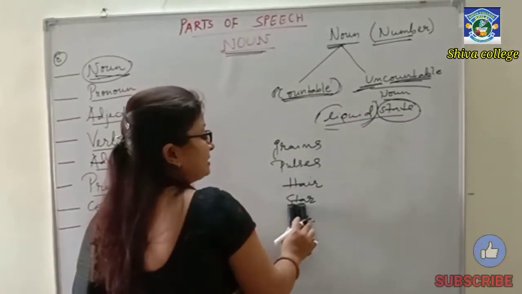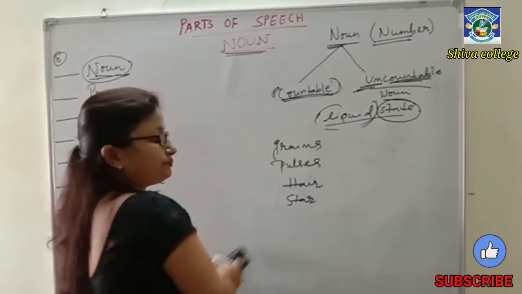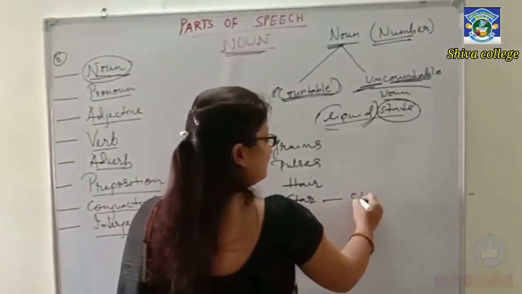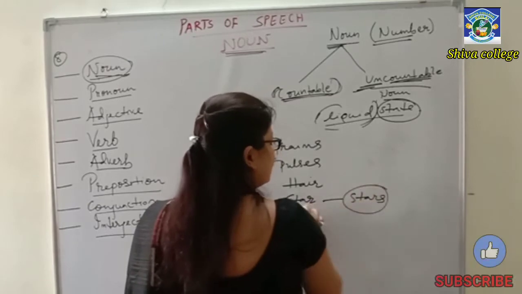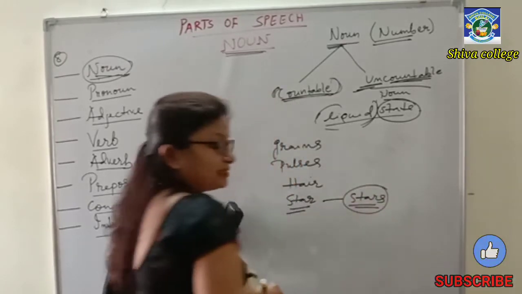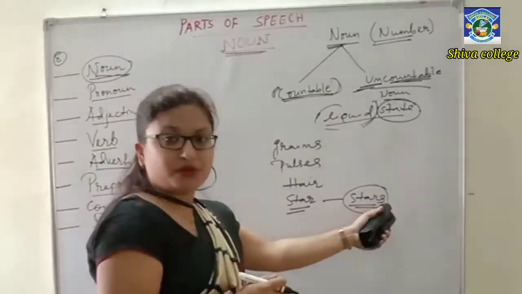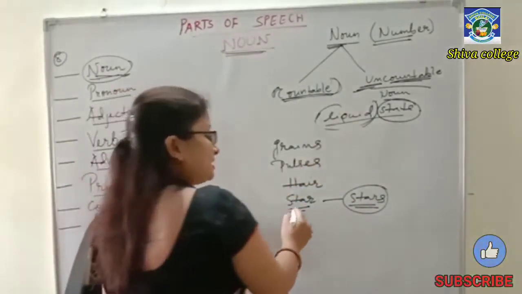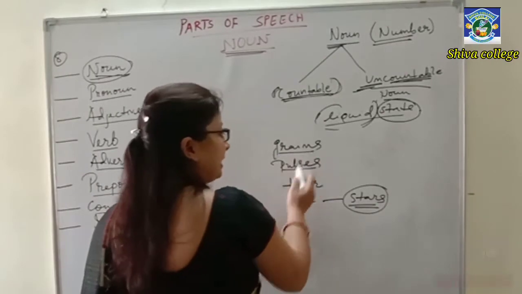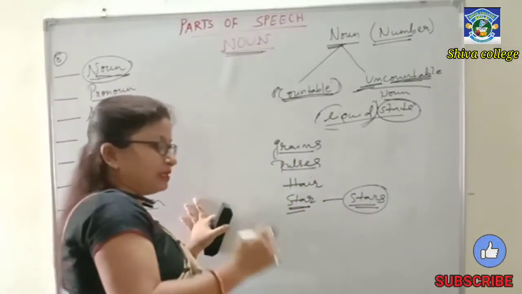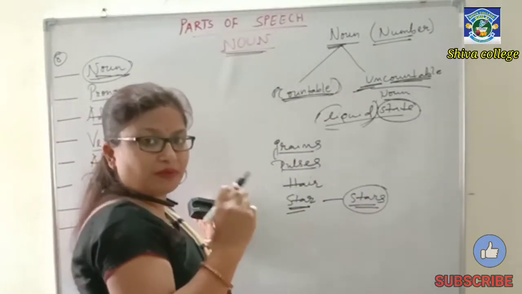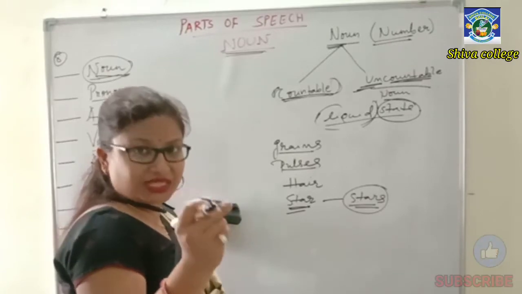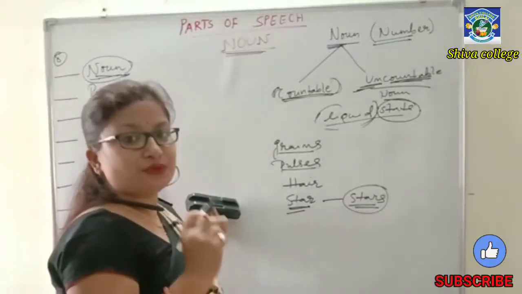Grains, pulses, hair, star. These things you can count. Sometimes star, we write stars. Now you can tell that we have got the plural form of star, so it is coming under uncountable noun. But star, pulses, grains, any kind of grains or pulses, of course you can count it unit by unit, or piece by piece, but that is useless to count.